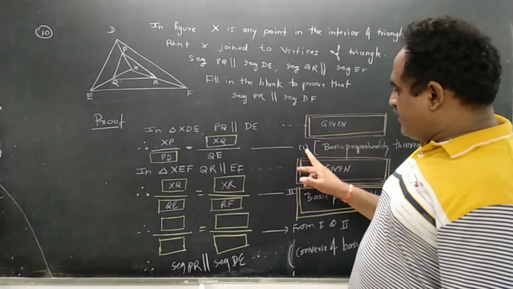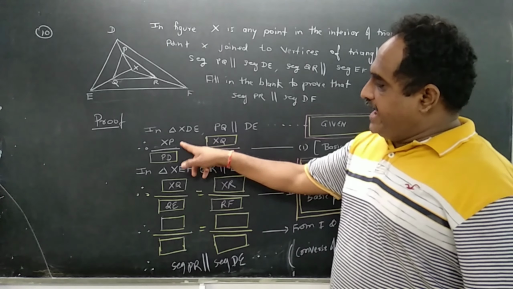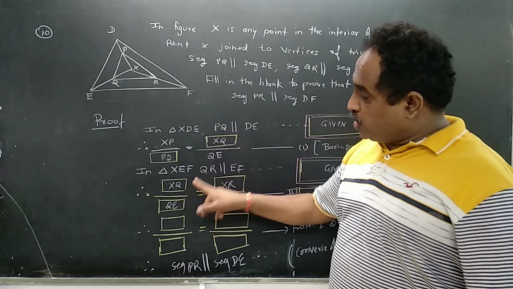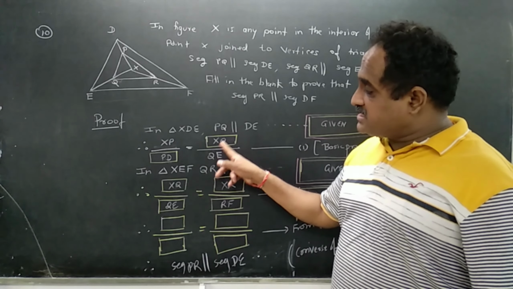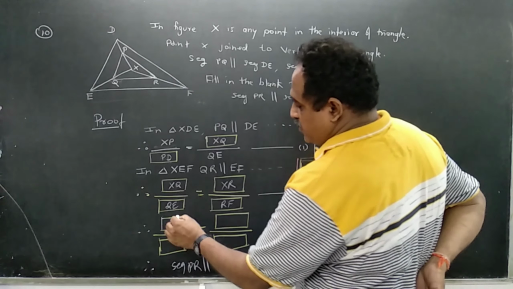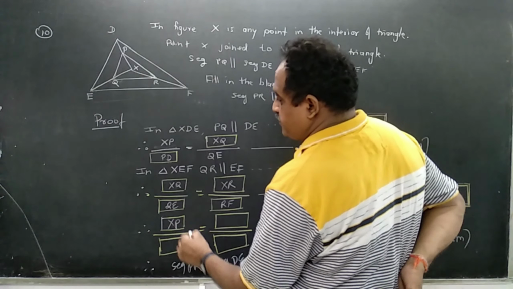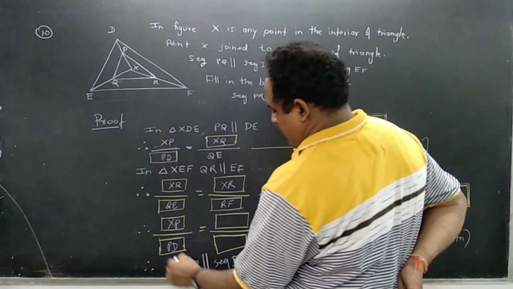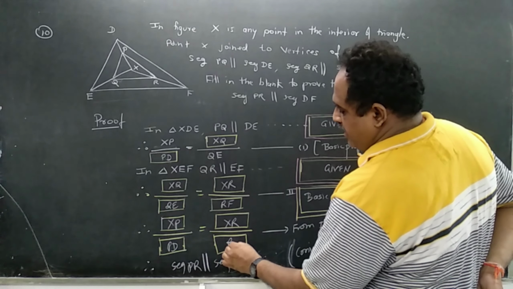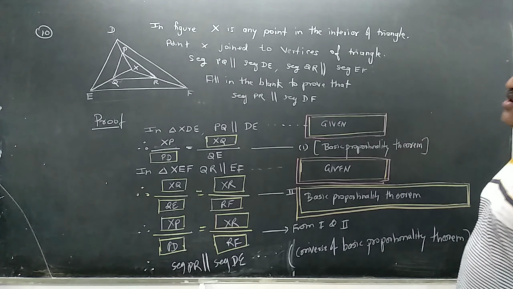From equation 1 and equation 2, XP upon PD is equal to XQ upon QE. Again, XQ upon QE means right hand side and left hand side is same. So when these two sides are same, I can write XP upon PD is equal to XR upon RF from equation 1 and 2.